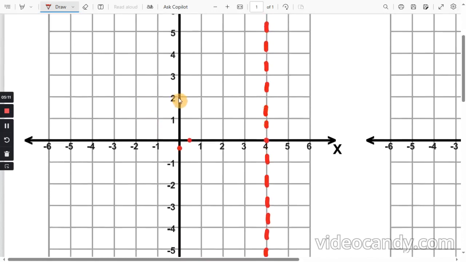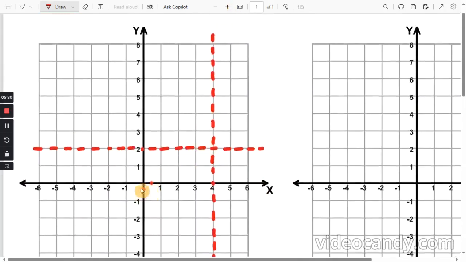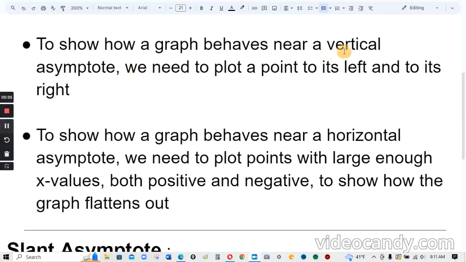It's going to go right through here. All right, so really, we need to plot some points here because we only have 2 asymptotes and 2 points. Once again, for the vertical asymptote, we need to plot a point to its left and right. For the horizontal asymptote, we need to plot points with large enough x values, both positive and negative. So we're going to do both of these.